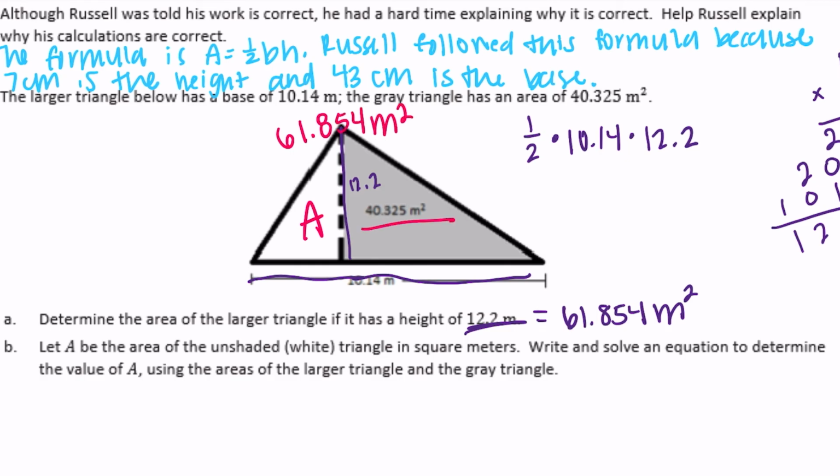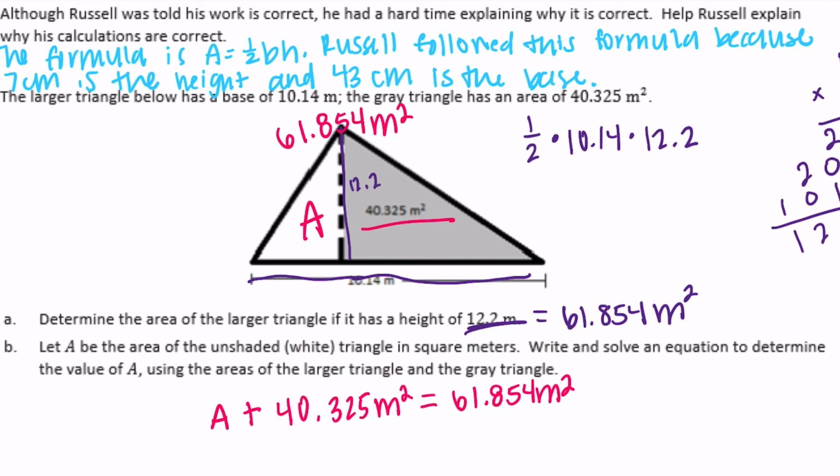We know that the gray one is 40 and 325 thousandths square meters. So A plus 40 and 325 thousandths meters squared would be equal to 61 and 854 thousandths meters squared.